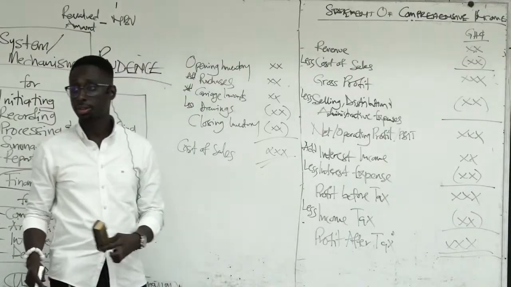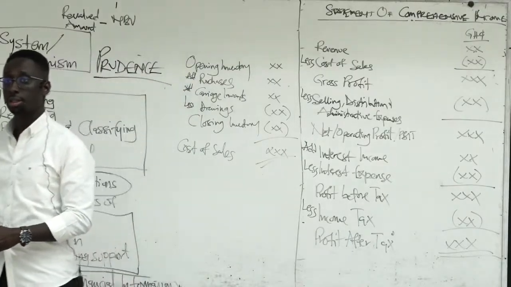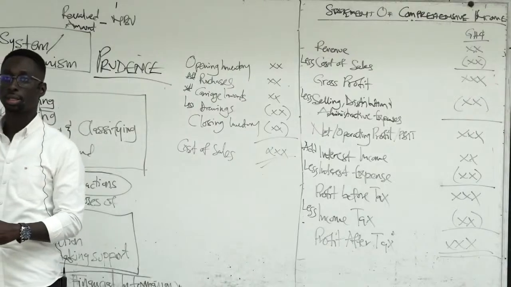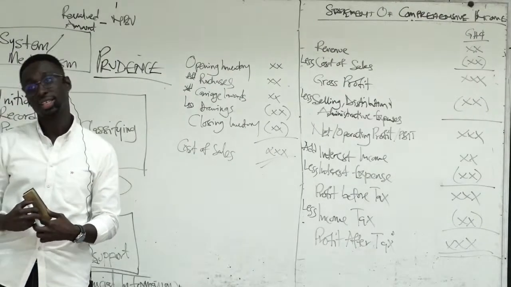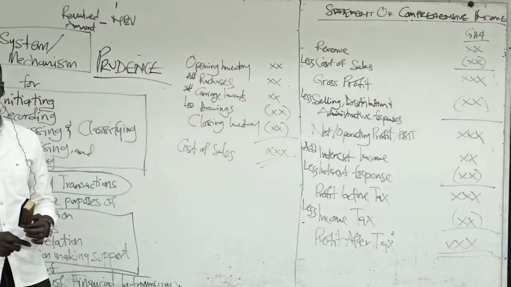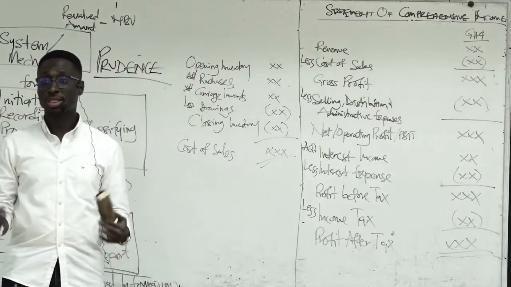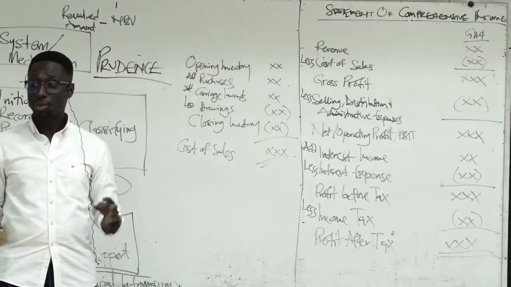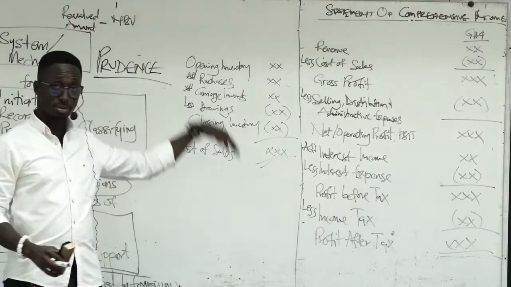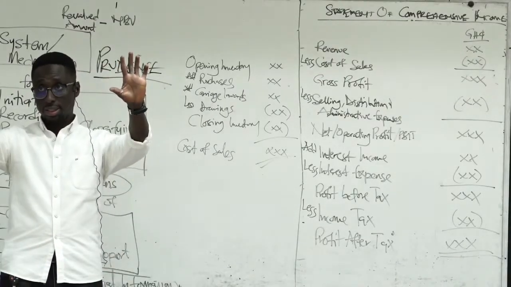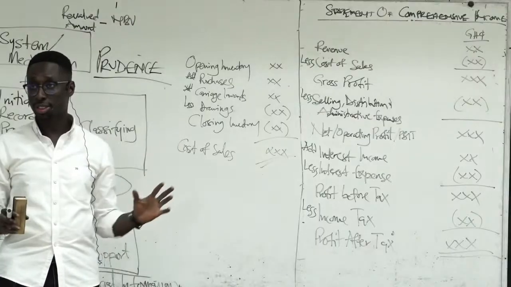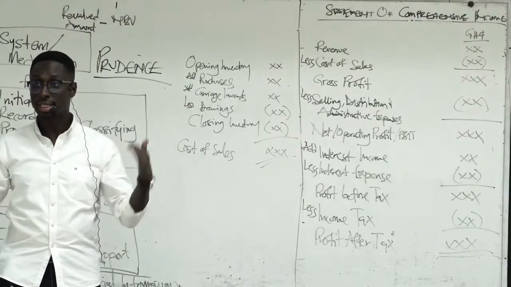Thank you for the question. So there are ways of presenting. There's a way to present your statement to make it very cluttered, and there's a way you can present your statement to make it decluttered.